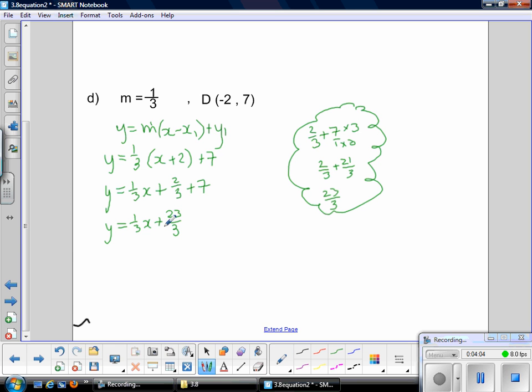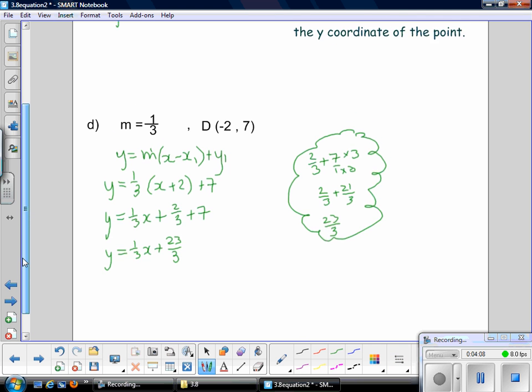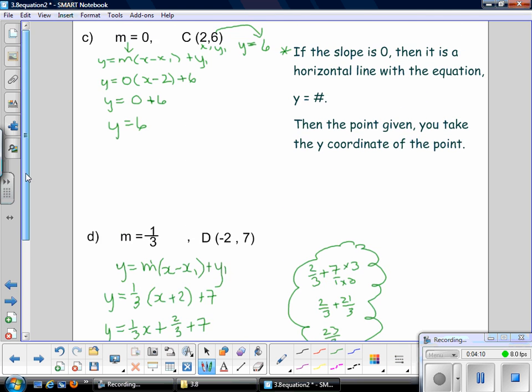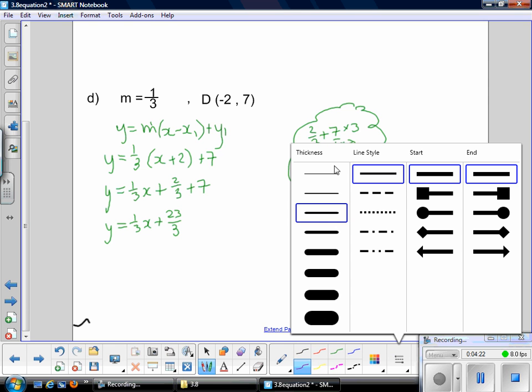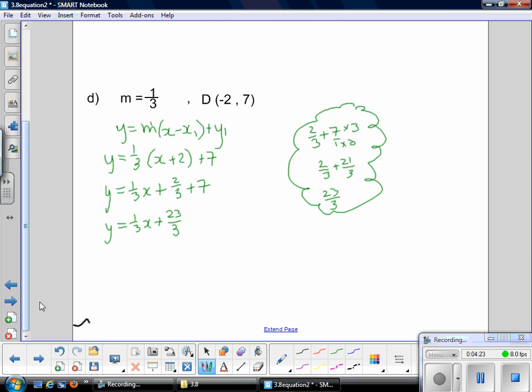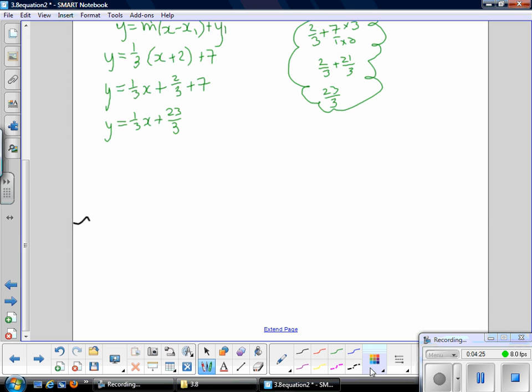And I'm going to actually add another one in here. And the reason is, what happens if I have an undefined slope? So say for instance I have, and I'm going to change my color here to a different one obviously, and extend my page.